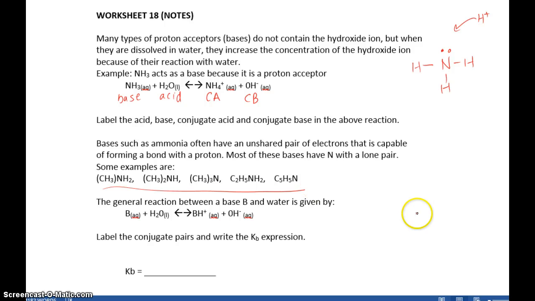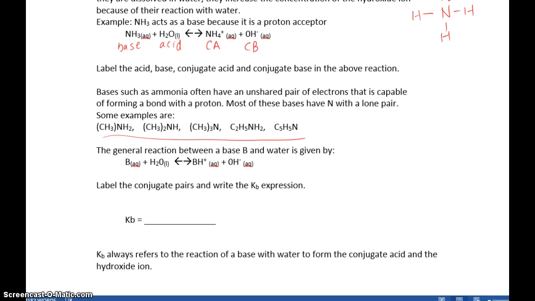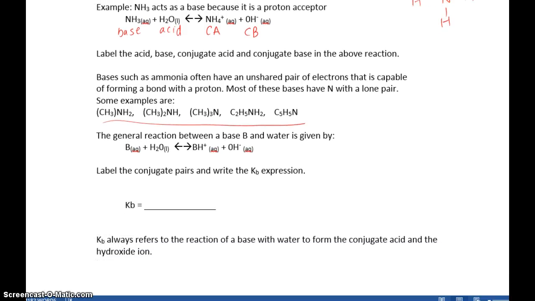The general reaction between a base and water is given by B for the base plus H2O yields BH+ plus OH-. So if this is our base, then this is acting as our acid, this is our conjugate acid, and this is our conjugate base. To write the Kb expression, we're going to take our products, BH+ and OH-, and put it over the concentration of our reactants.